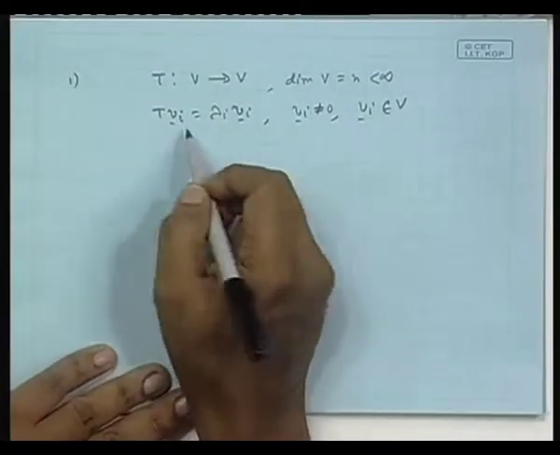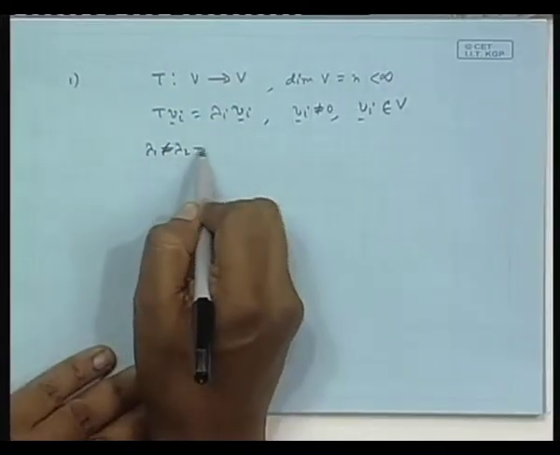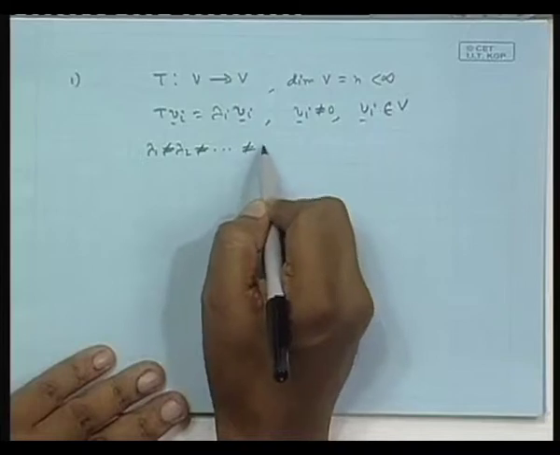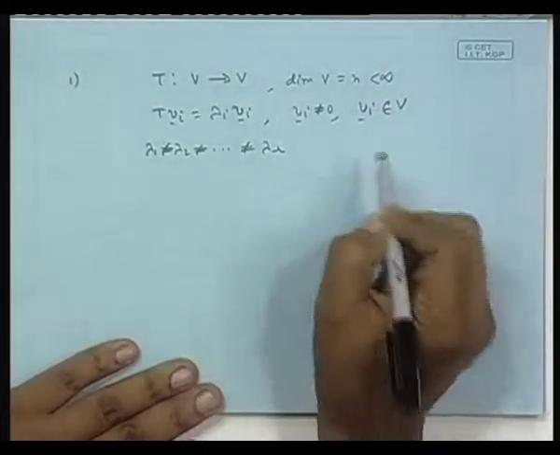Now, suppose we have lambda_1 not equal to lambda_2 not equal to dot dot dot not equal to lambda_r, that is, a set of r distinct eigenvalues.